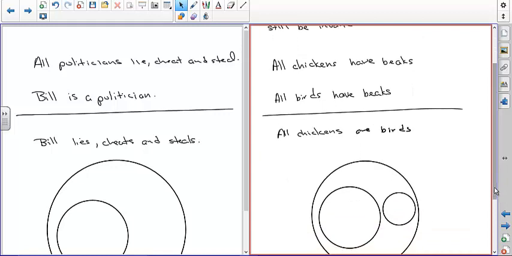So here's the argument. All chickens have beaks. That's true. All birds have beaks. That's true. Therefore, all chickens are birds. Okay, that seems like a valid argument because everything is true. But all chickens have beaks, so here's chickens, and here's things that have beaks.